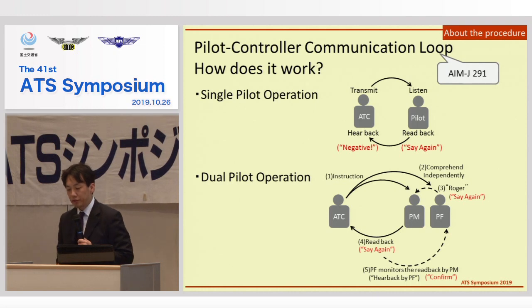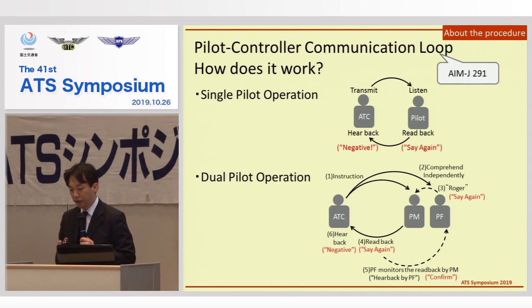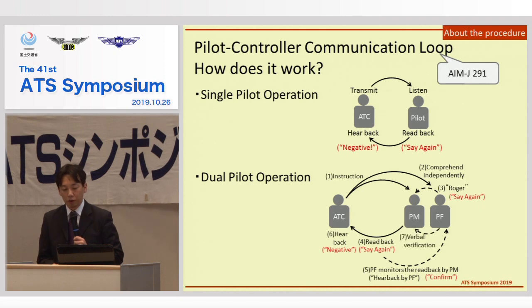After the pilot monitoring successfully reads back the instruction and the controller hears back the readback, the pilot flying tells the pilot monitoring what he or she has understood. This is what we call verbal verification.